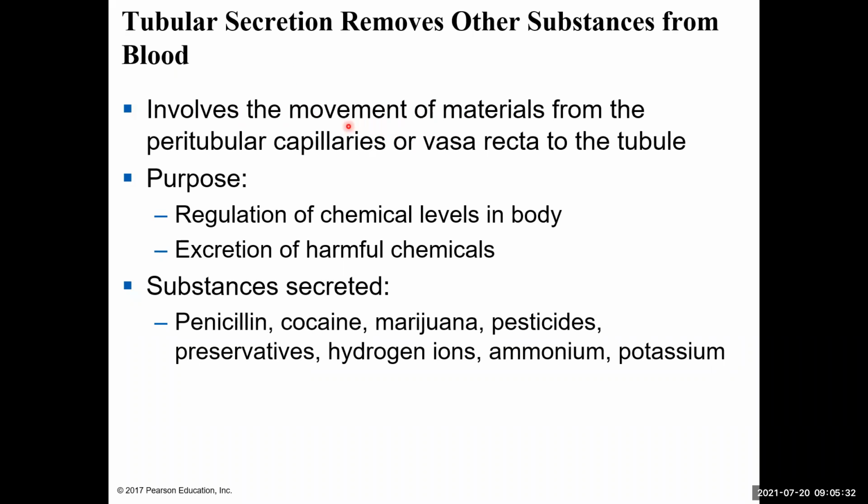So this is materials moving from the peritubular capillaries or the vasa recta to the tubule. So this helps to regulate specific chemicals in the body and gets rid of harmful chemicals. So things like drugs, and then any preservatives in our food, and then ammonium, potassium, those types of substances.